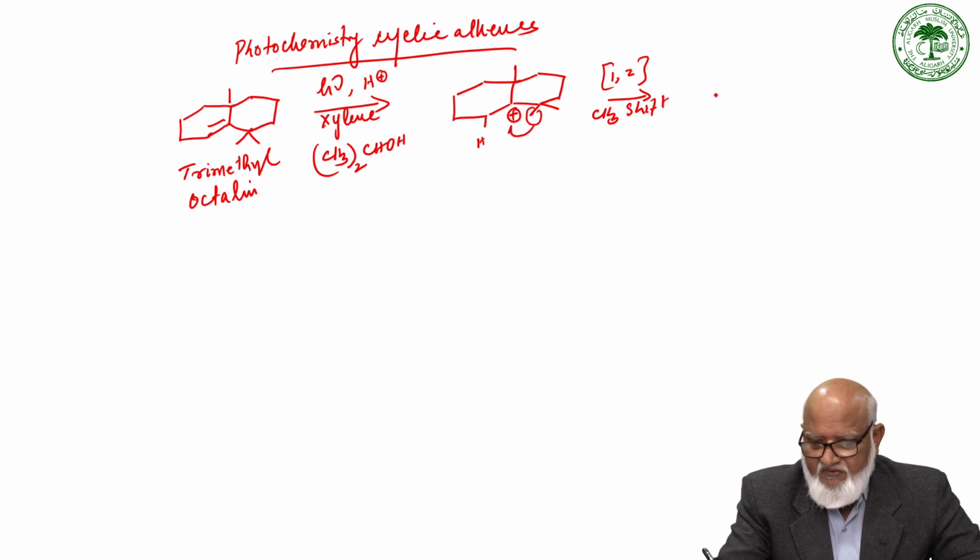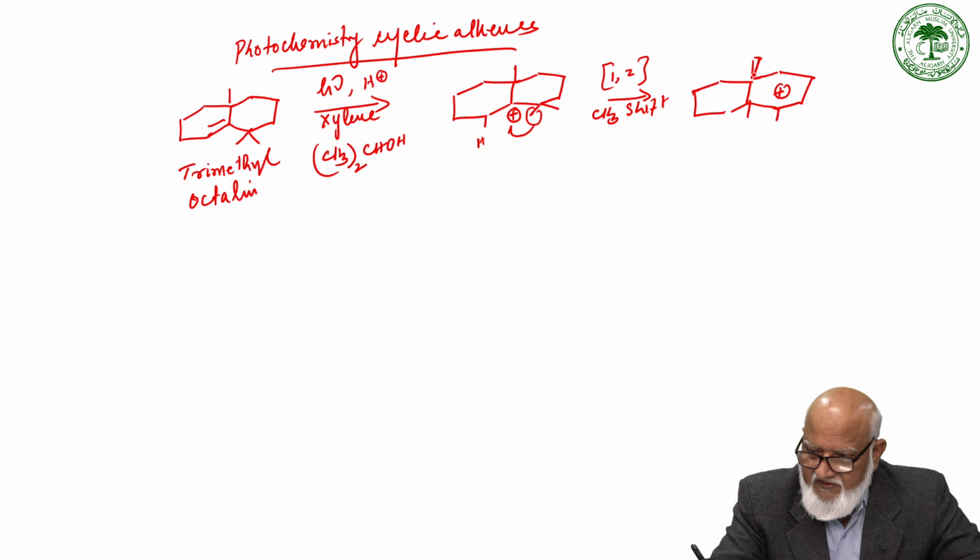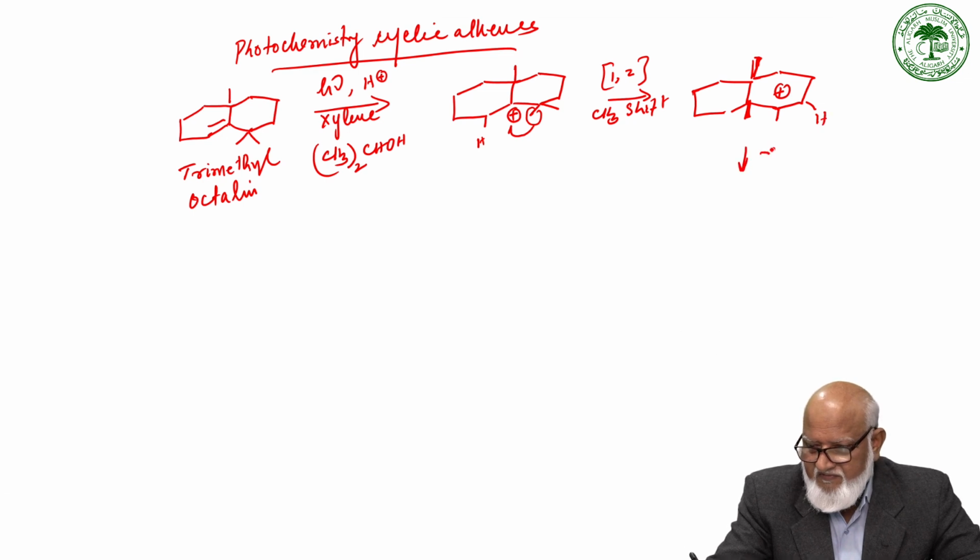So we end up with a system like this, the positive charge here, and of course we have a cis orientation, and then minus H plus is going to give a double bond at this position.